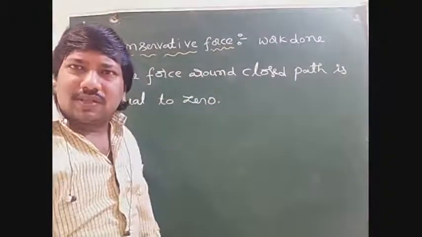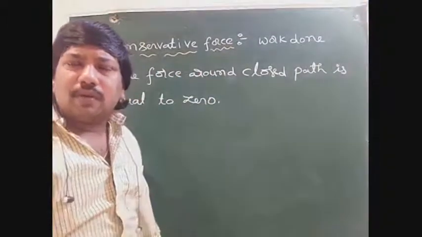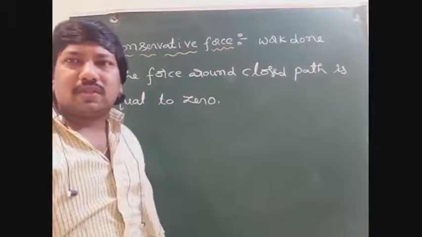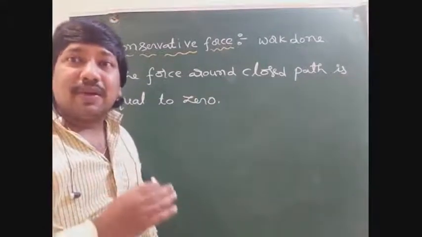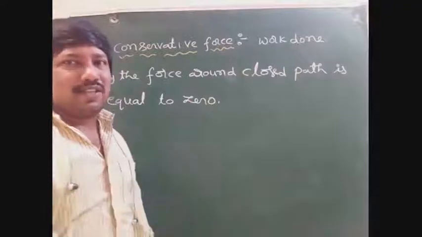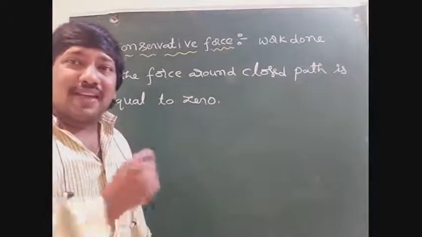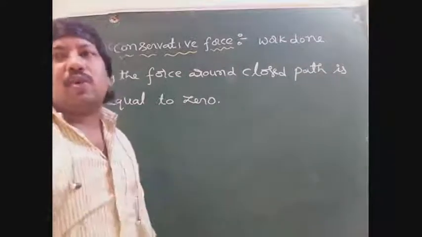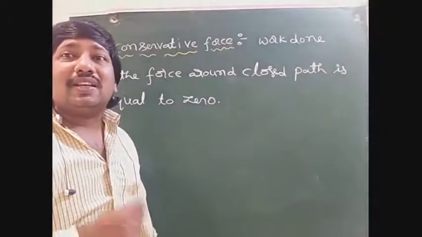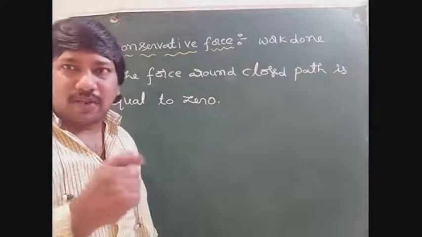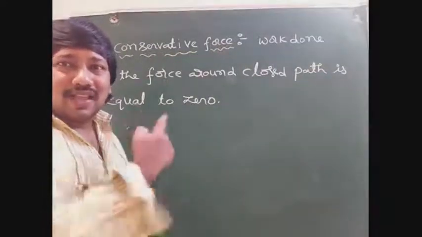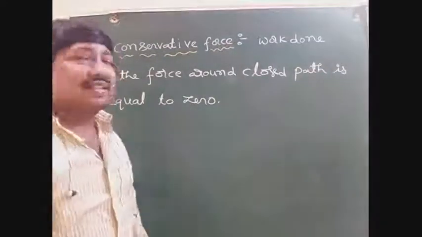This force only depends on the points of location but not on the path followed by the body. So conservative forces mainly depend on points of location but not on the path followed by the body. Such forces are called conservative forces.